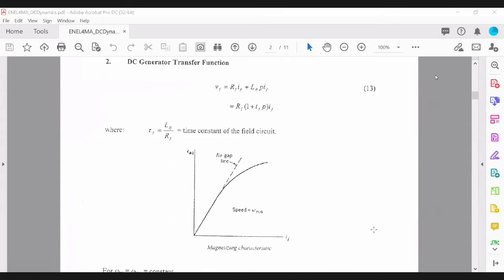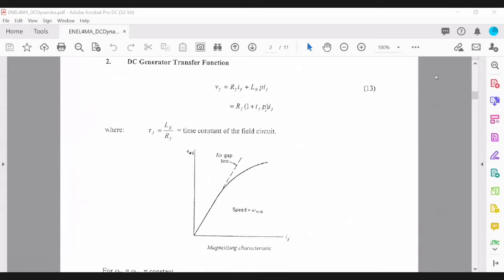We start with the field circuit. So that's equation 13. So VF is, as I said, RF IF plus LF dIF by dt. And we can basically factorize the resistance of the field circuit outside the equation, and that will turn out to be 1 plus TF times P, where IF is taken out of the equation there.